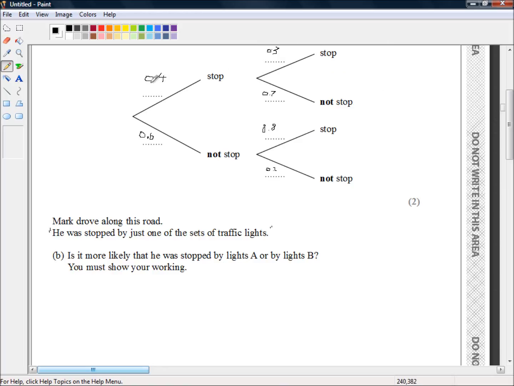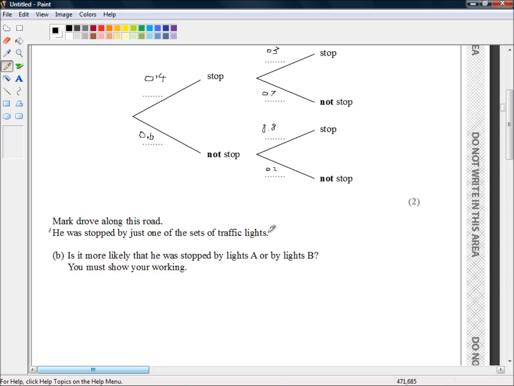We just say the probability he was stopped at lights A is 0.4. And if we take this as a statement of fact, then if he was not stopped by lights A, then it's a guaranteed certainty he was stopped by lights B, so we don't need to worry about that again. So our probability is just 0.4 compared with 0.6. The answer is B. But I don't think that's what the examiners want.